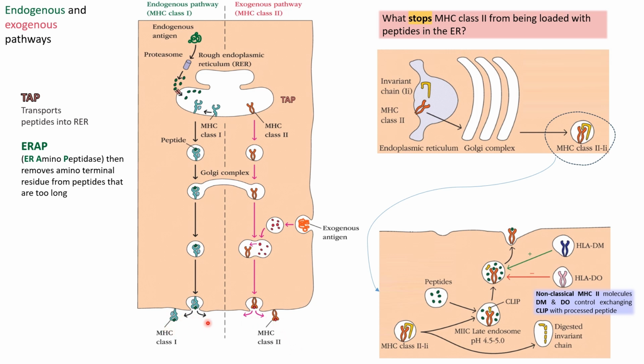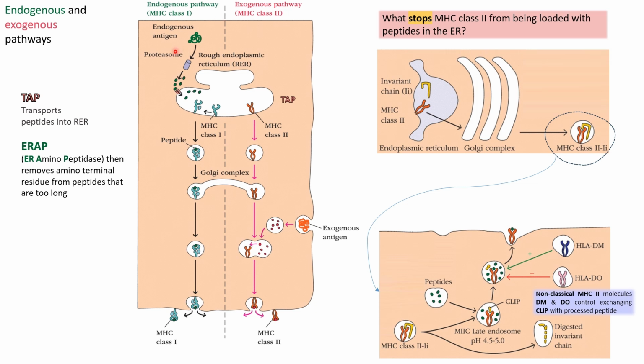They're each presenting little peptides from some pathogen, but the way in which these peptides get picked up and associated with MHC is different. And we have these two pathways, called the endogenous pathway for class 1, meaning from inside, and the exogenous pathway for class 2, meaning from outside.